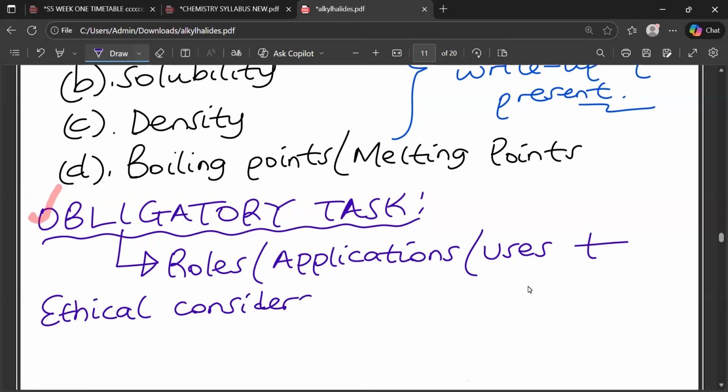Now this is what I was telling you. When you're reading applications and they tell you bromomethylbenzene is used here, you know. When they say bromocyclo everything, you know where those things are. So you know what to do. Rules, applications, and uses of alkyl halides.